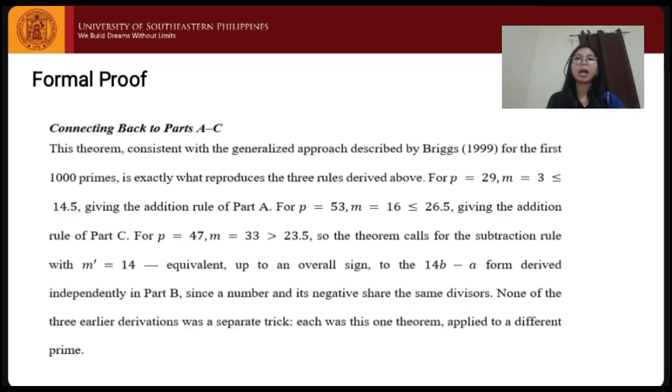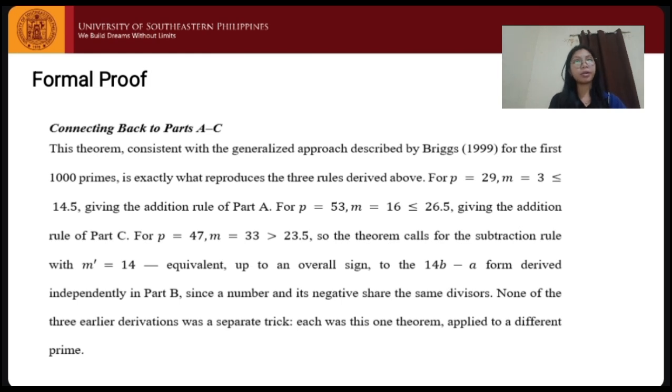The important point is that both the addition and subtraction rules come from the same mathematical proof. The only difference is whether the inverse or its complement is the smaller multiplier.